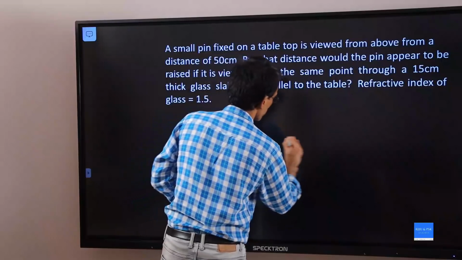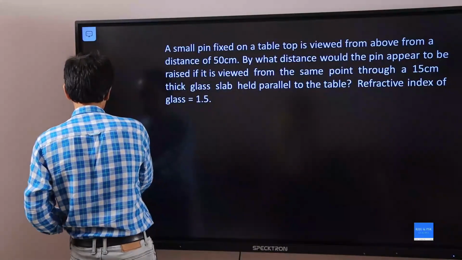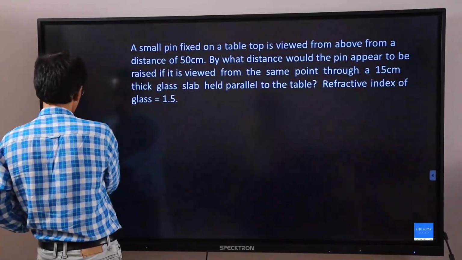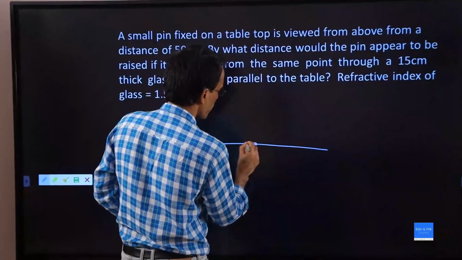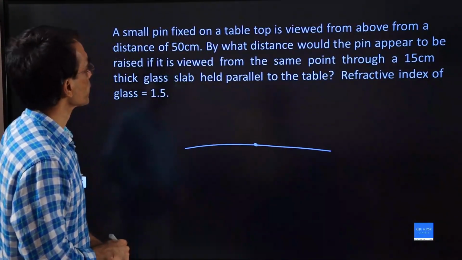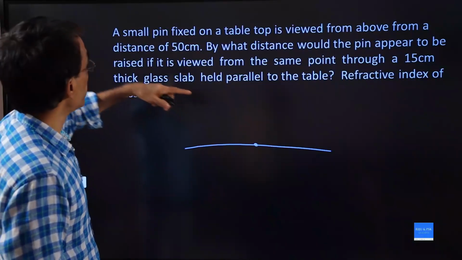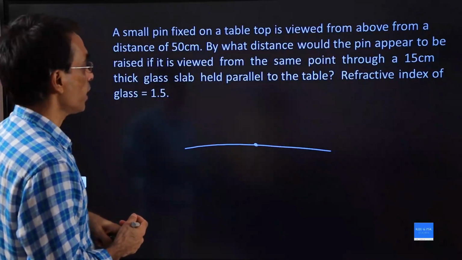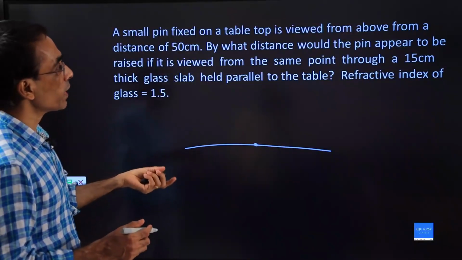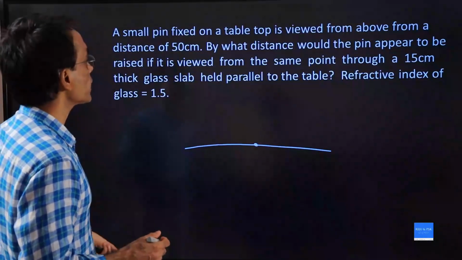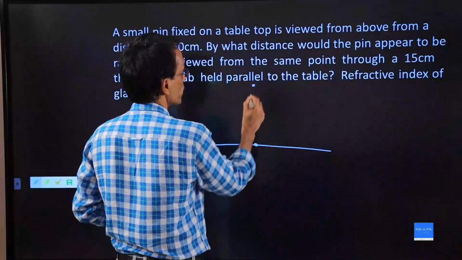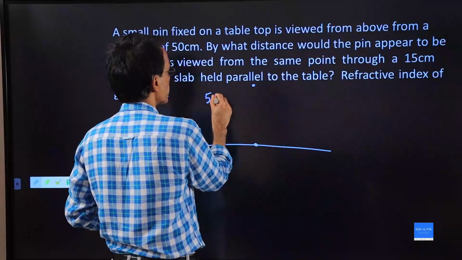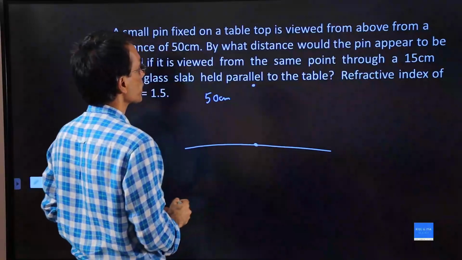Okay, so there is a table, there is a small pin fixed on the table. This is viewed from a distance of 50 centimeter. That means you are watching from this same point.